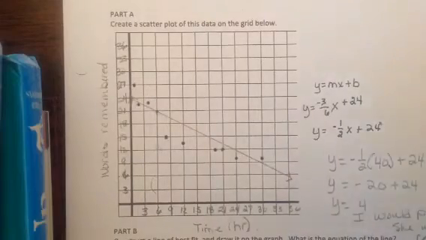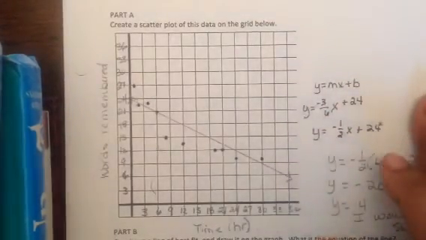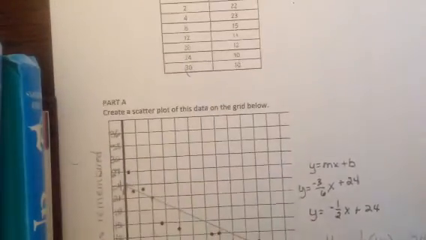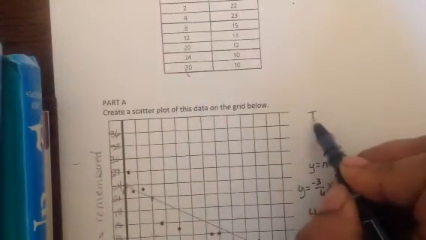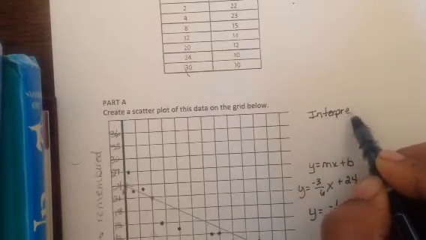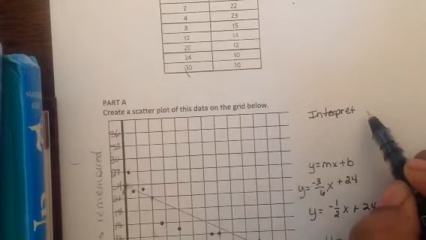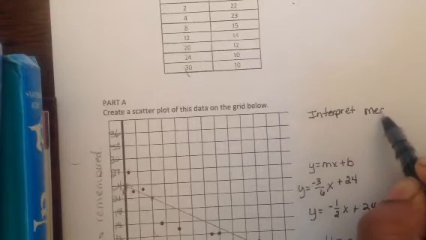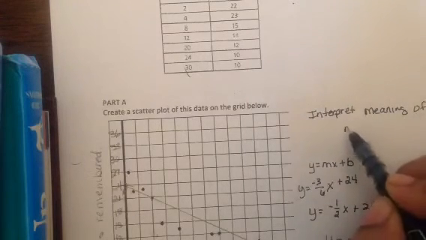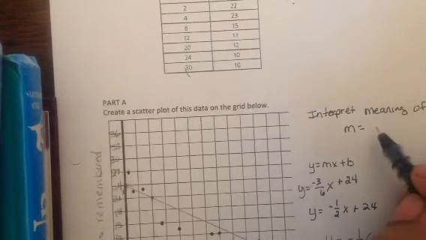I need to interpret, and you're going to add this somewhere. I want to interpret the meaning of my slope. Okay, my slope is negative 1/2.